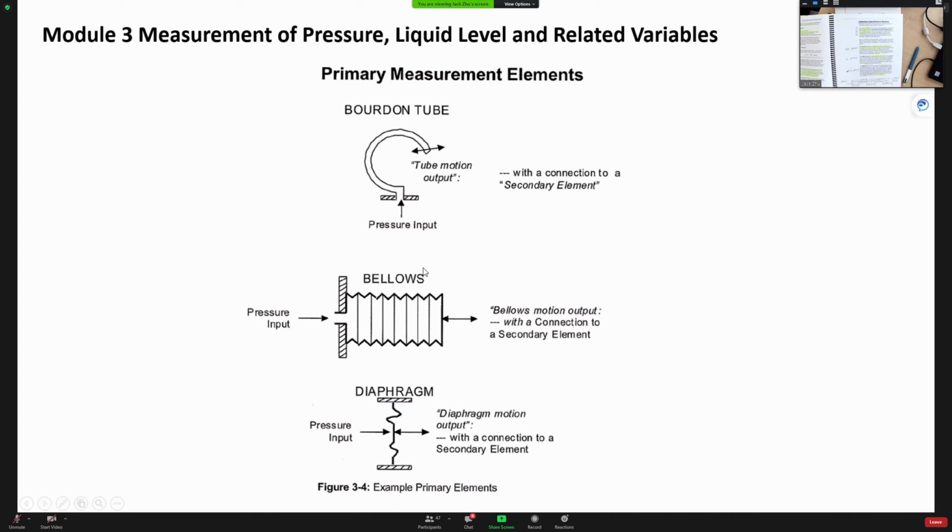But remember the picture, how they look, and what's the name for each of them. Yes, that's right. So you can have a Bourdon tube to measure only a few psi. You can have a different Bourdon tube to measure up to 10,000 psi. But you cannot use one to measure 5 psi and 5,000 psi at the same time. They have to be different.